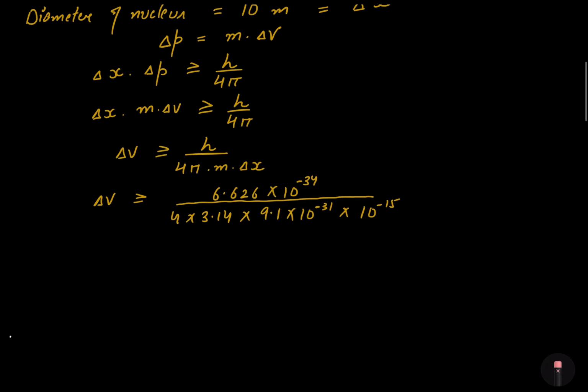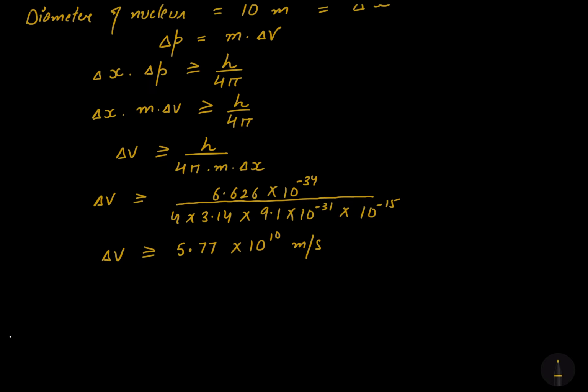So uncertainty in velocity is greater or equal to 5.77 into 10 raised to the power 10 meters per second. So here you can see that uncertainty in the velocity exceeds the velocity of light, which is not possible. Hence electron will not exist in the nucleus.